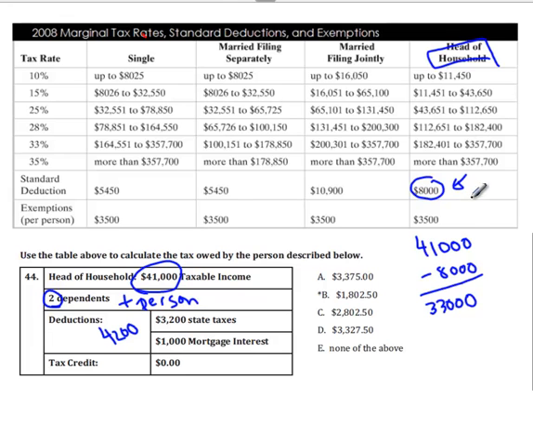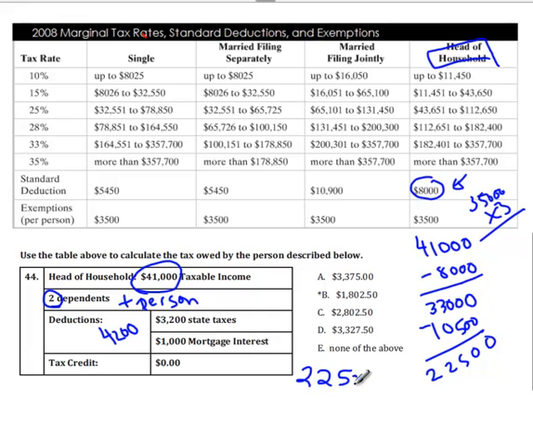So that's $3,500 times 3 is $10,500. So we're going to subtract from this another $10,500, giving the person an adjusted gross income on which taxes will be paid of $22,500.